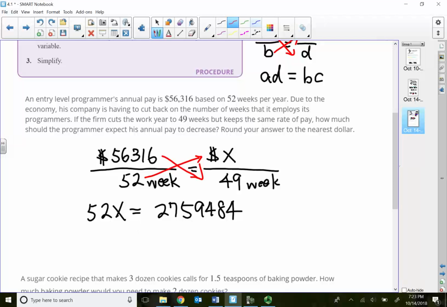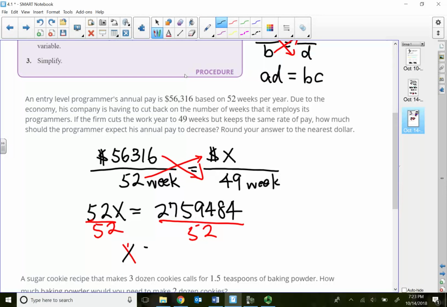I only have two terms here, so all I'm going to do is divide both sides by my coefficient. This is basically setting up a proportion and solving for X. If you'd like to do it a different way, that's fine, because students use different techniques when solving proportions.